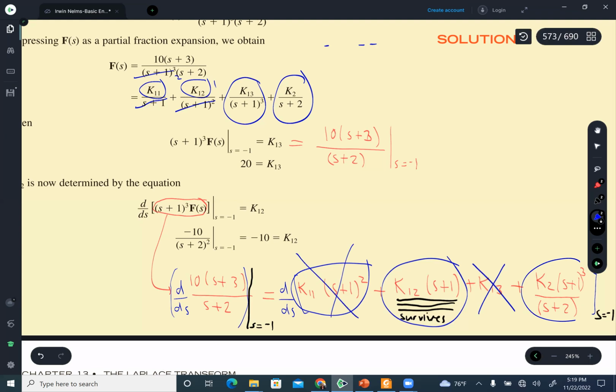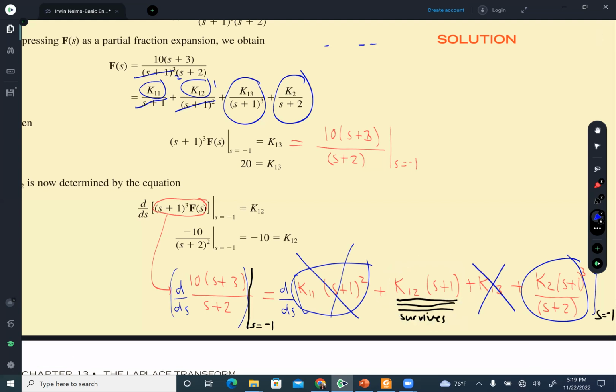And this guy is also going to have some, if you use the quotient rule, in the numerator, you're going to end up with a bunch of s plus 1s, which are going to disappear when you substitute s is equal to minus 1. In other words, differentiating everything once basically amounts to killing everything except the constant in front of the s plus 1 term. Okay? So that will help me solve for K12, right?